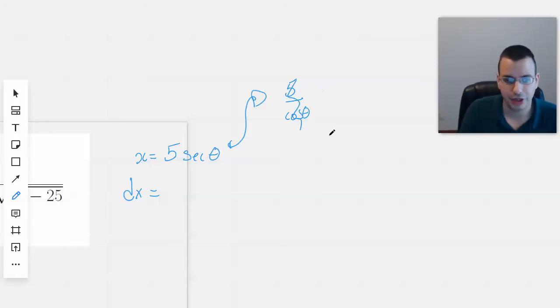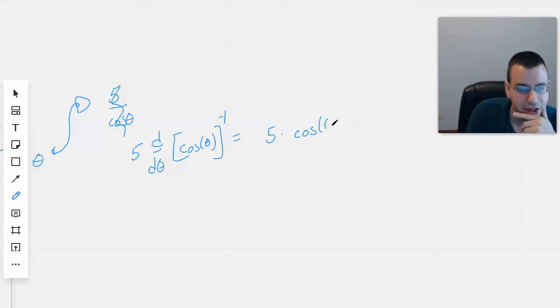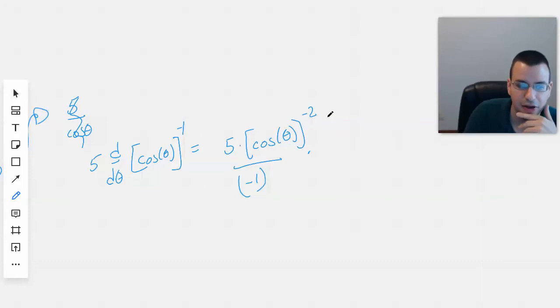We're going to rewrite this as d theta times 5 cosine of theta to the negative 1. Use the power rule, and chain rule. So 5 times cosine of theta, negative 1 goes down to negative 2, times the derivative of the inside.